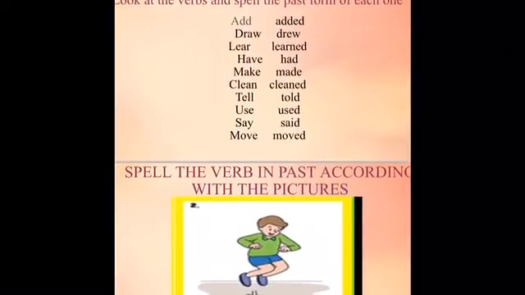Okay, so now let's continue with the following information, guys. Look at the verbs and spell the past form of each one. Add, how would it be in past? Added. That means this is a regular verb. How can we identify it? Because it ends with ed. Okay, draw, drew, learn, learned.